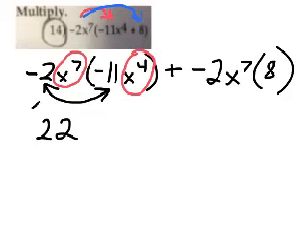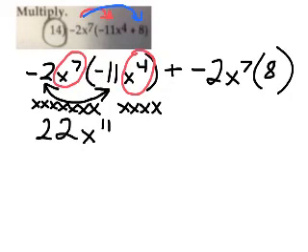Make 7 of them: 1, 2, 3, 4, 5, 6, 7. And we make 4 of them: 1, 2, 3, 4. And then we count them. There's 1, 2, 3, 4, 5, 6, 7, 8, 9, 10, 11. So 22x to the 11th power. Or, if you notice, x to the 7th, the 7 plus the 4 gives us 11.